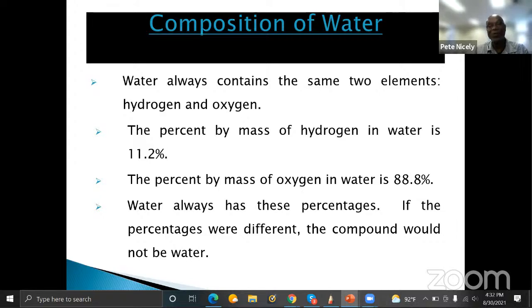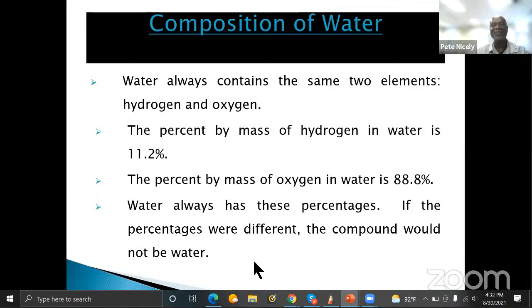Now, the example that we're looking at here is water. If you break down water into its constituent elements, you'll see that 11.2% of it will be hydrogen, and the rest, which is 88.8%, will be oxygen. As stated down here, water always has these percentages. If the percentages were different, then the compound would not be water.